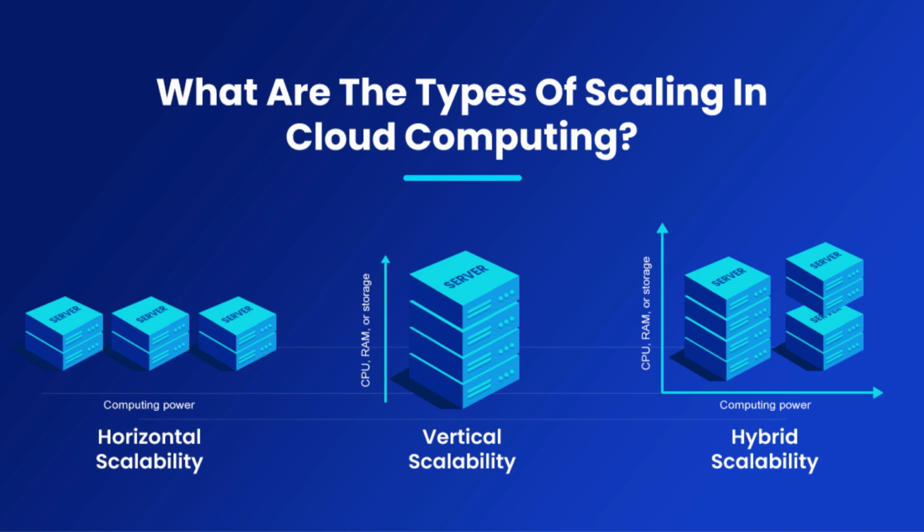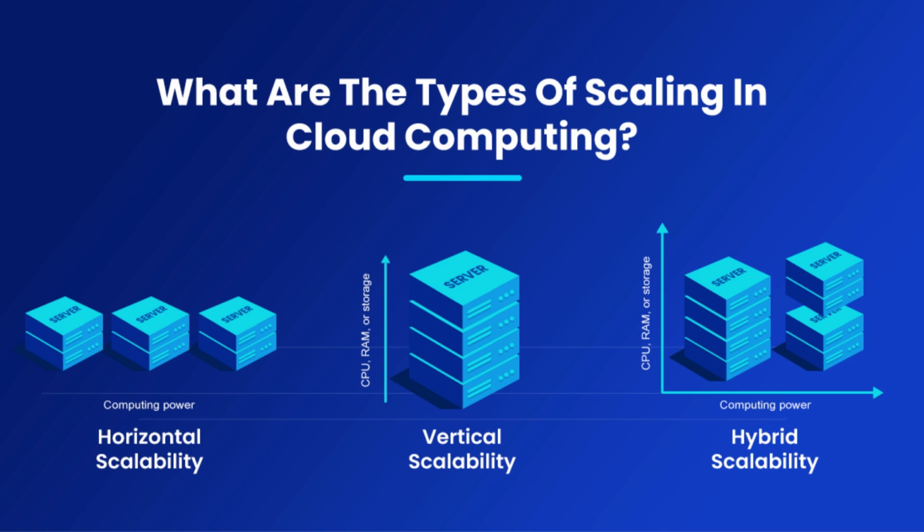The second type is vertical scalability. Vertical scalability, also known as scale up, refers to the ability to add more resources to an existing instance. For example, if you need more computing power, you can add CPU, RAM, or storage to an existing server. This type of scalability is often used for applications that require more processing power than can be handled by a single instance.